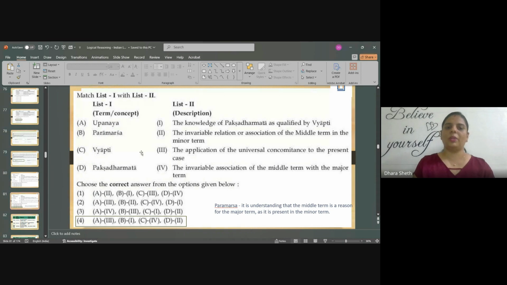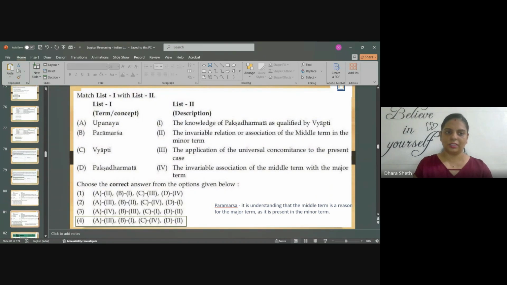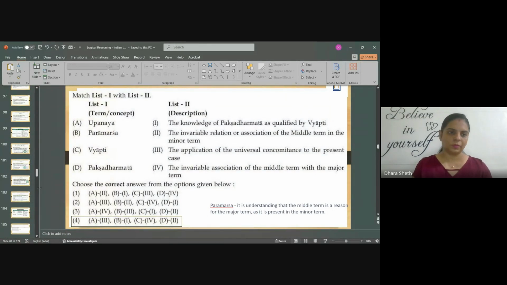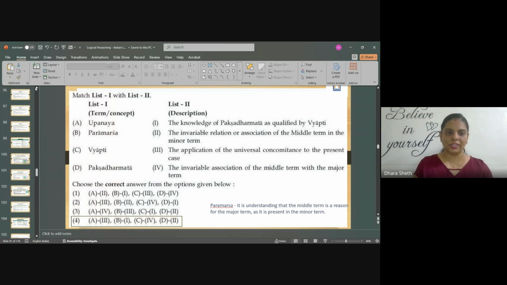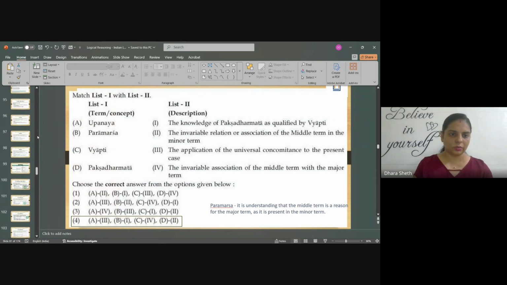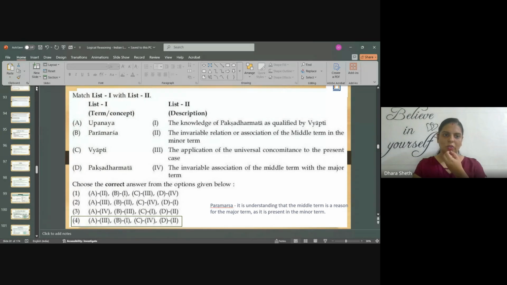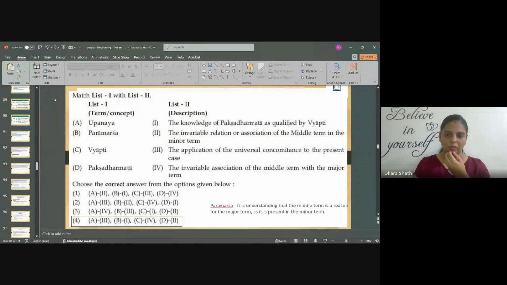Now let's take them one by one. Upanay is the application. So in the 5 stages, if we see the 5 stages, where did it go? Okay, I just scrolled to God knows where.